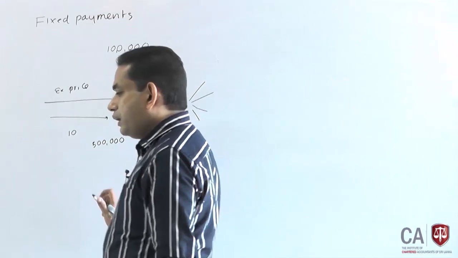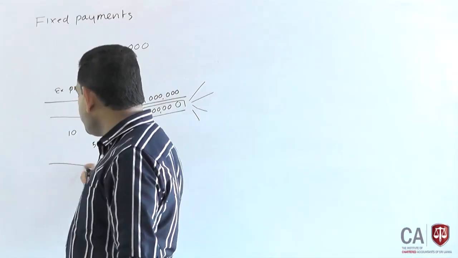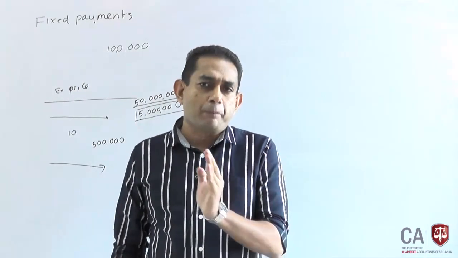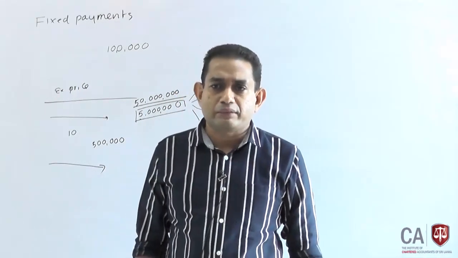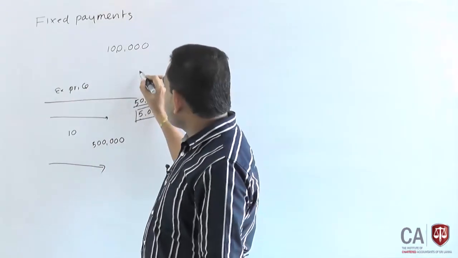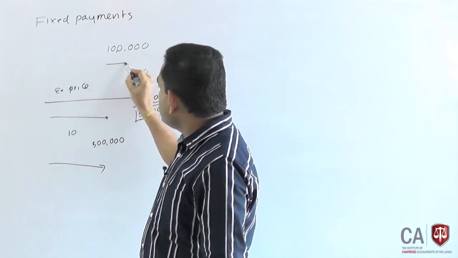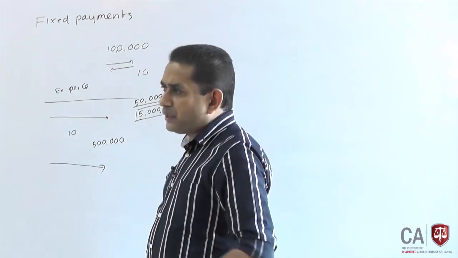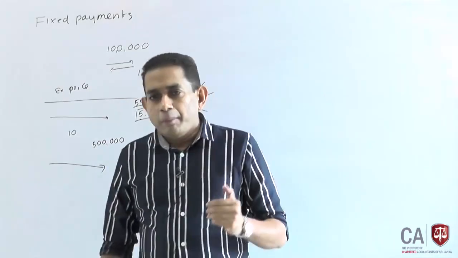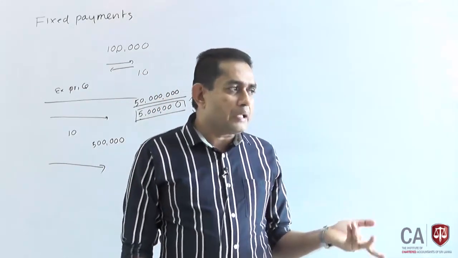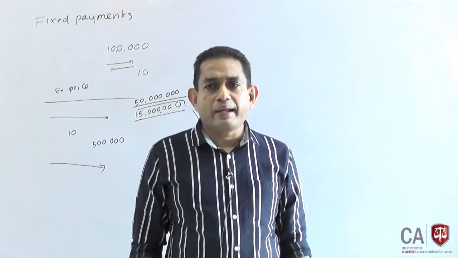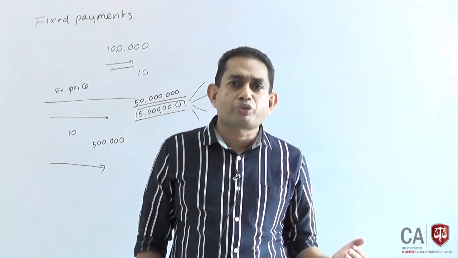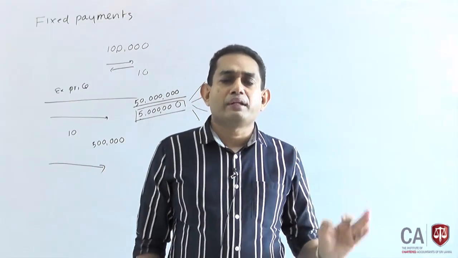Then there can be some options to terminate the lease agreement before the expiry of the lease term. Lease term is for 10 years time. Before 5 years, neither party can terminate the contract, but after 5 years time, by informing the other party, one party can terminate the lease contract, but if the lessee decides to terminate the lease contract prior to the expiry, he has to make a penalty payment.